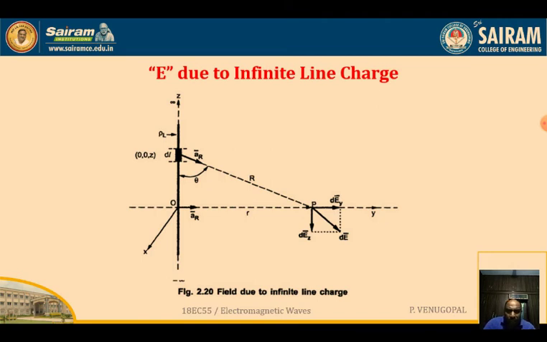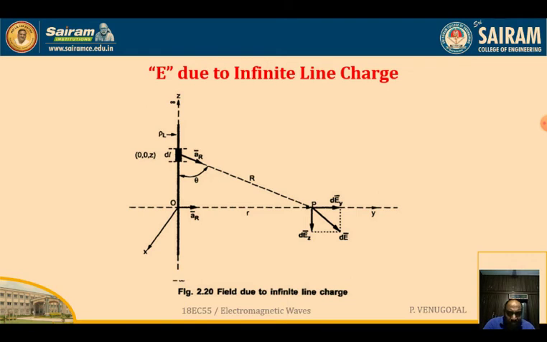Let capital R be the distance between the elementary charge located at the elementary length dl and the point P, and small r is the distance between the origin and the point P, and at the point P you are observing electric field intensity dE. This electric field intensity at the point P can be resolved into two rectangular components.